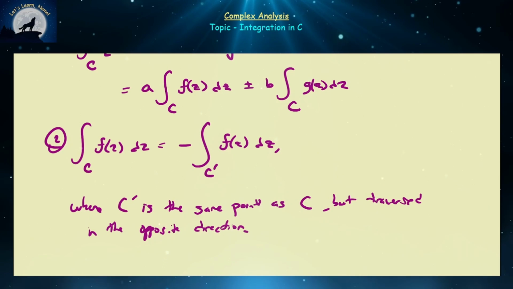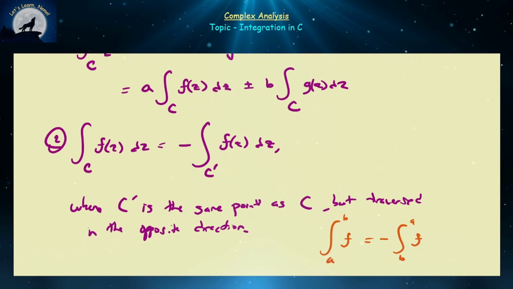And this property is analogous to the property that the integral from a to b of f is equal to the negative integral from b to a of f in the real world, in case you're curious.